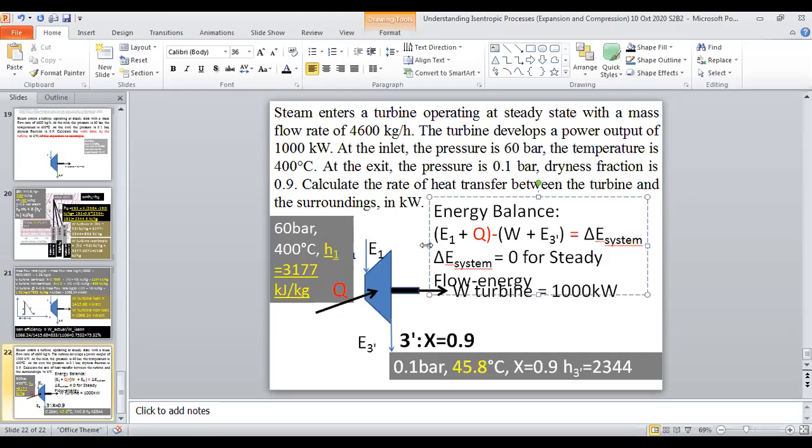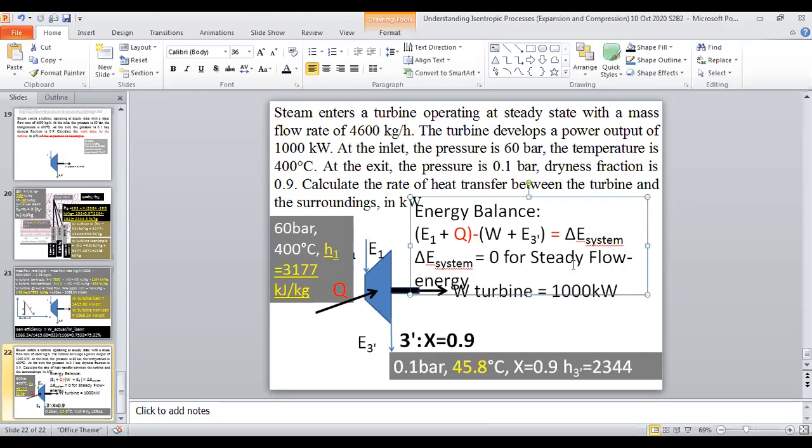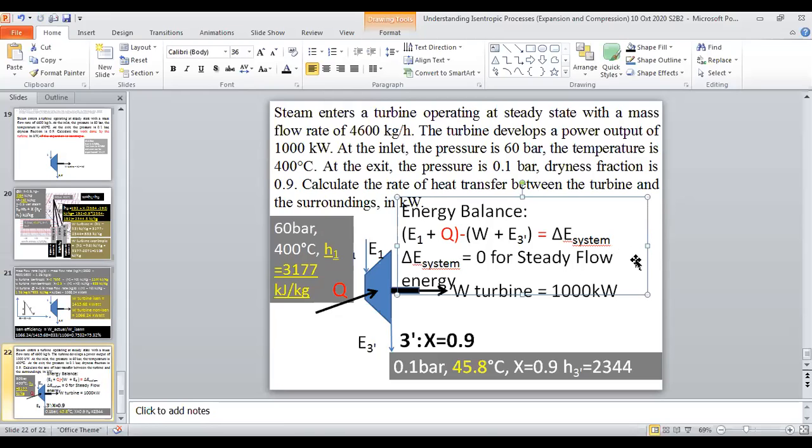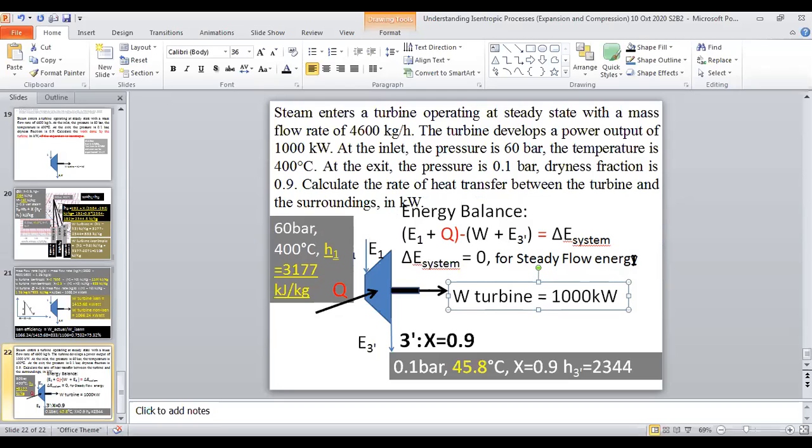Okay. Then you can simplify this energy balance.